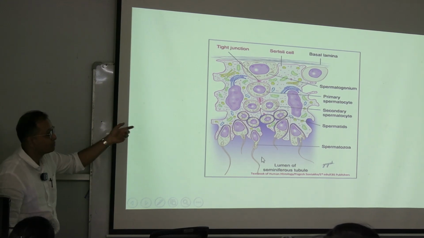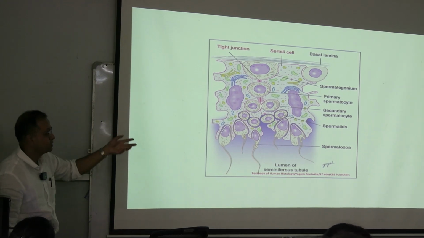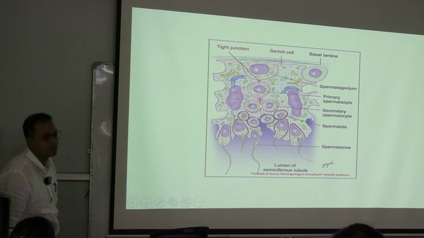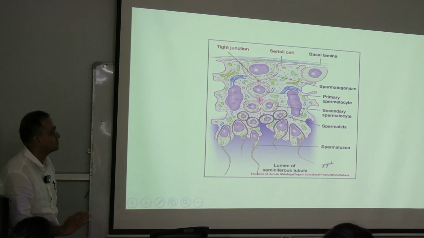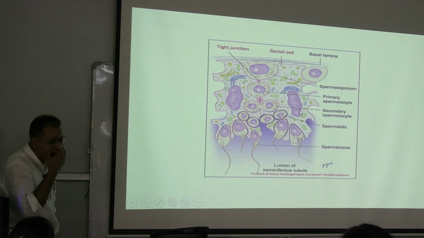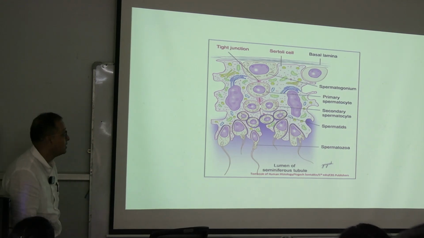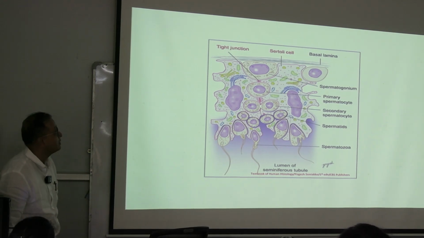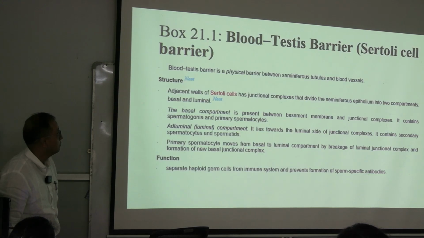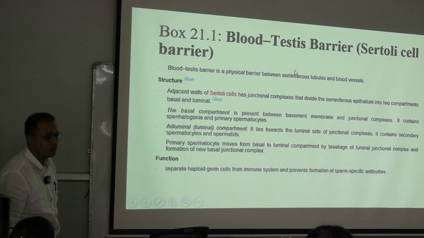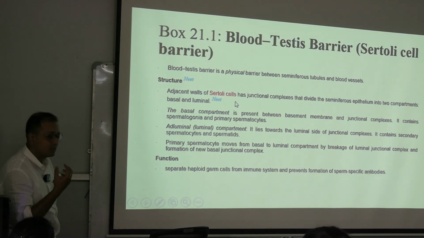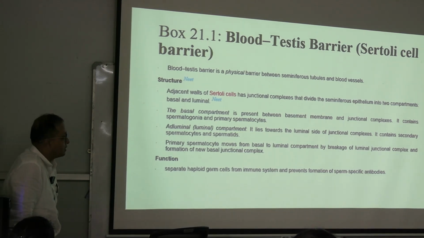The moment the sperms come out to the outside system, they will be destroyed. That leads to destruction of the sperm cells, which could be a critical medical condition. So this is why the Blood-Testis Barrier is a very important structure, a physical form of isolating the blood system from the seminiferous lumen, the internal environment.